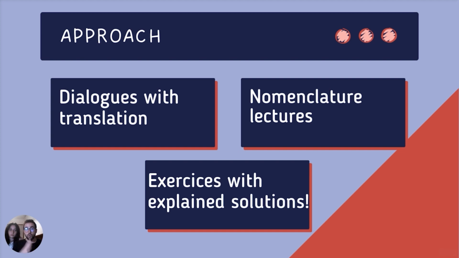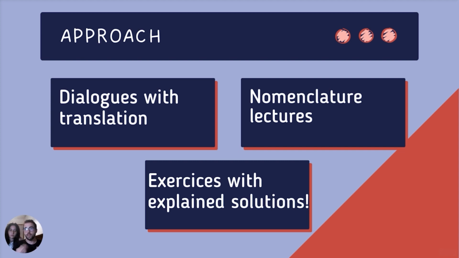Then, for each dialogue-based lecture, we have the nomenclature lectures. In the nomenclature lectures, we have listed the most important words that you will use in order to manipulate and create new sentences related to the previous lecture, which is about one specific topic.